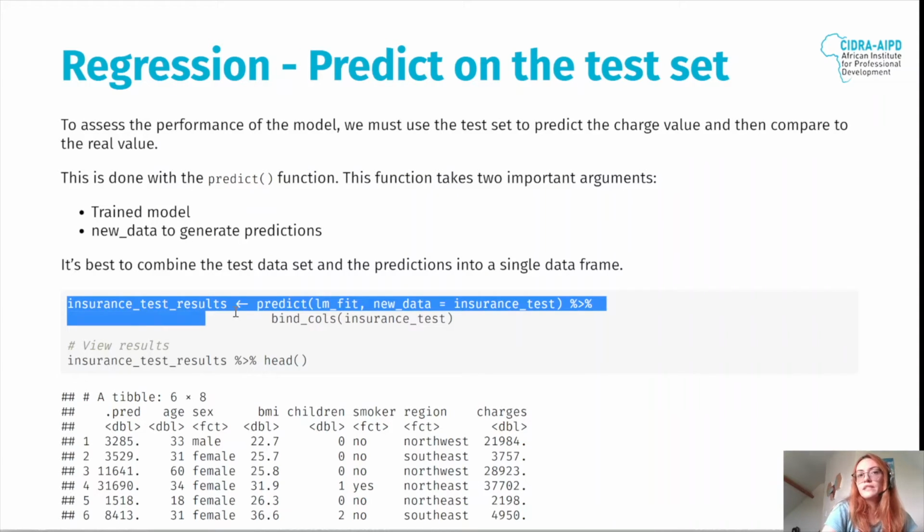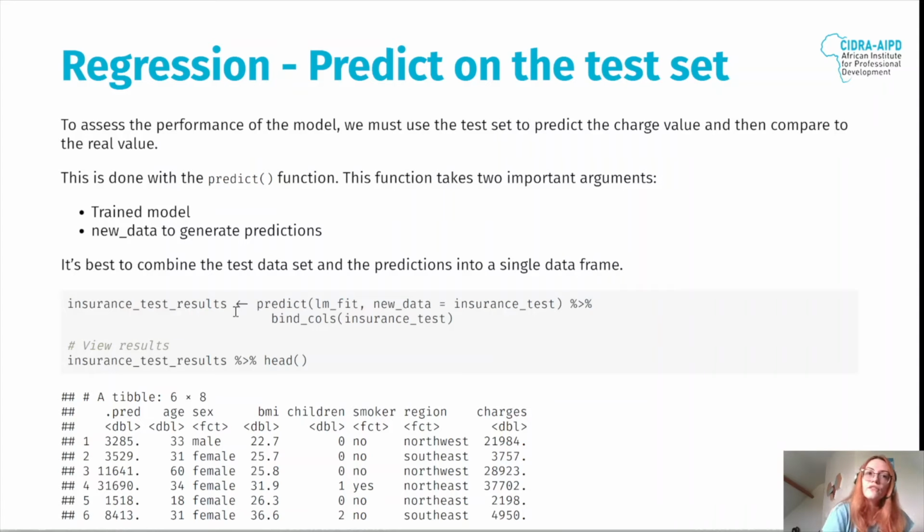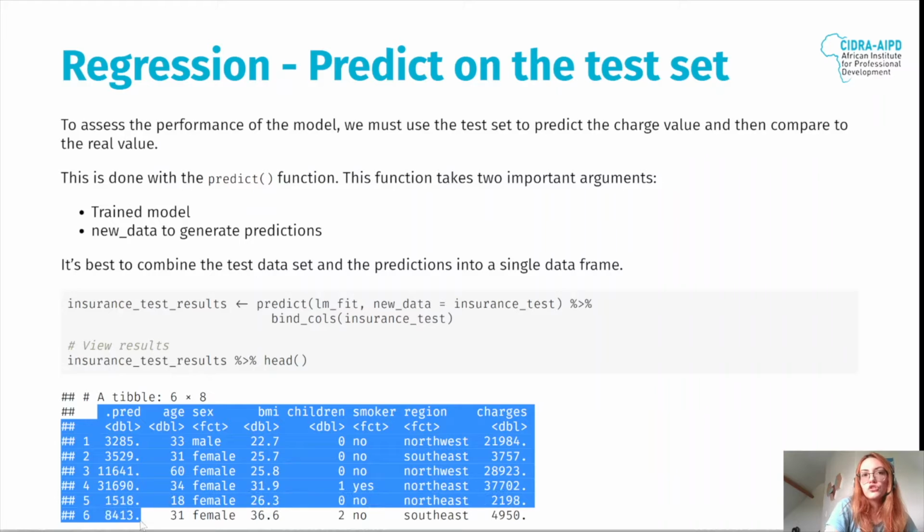This is the insurance test results. I'm creating a new data frame where I'm doing the prediction. You see here, this is the model that we just trained, and this is the new data that I want to predict, the insurance test, and I'm just binding the columns, adding the columns to the initial insurance test data.